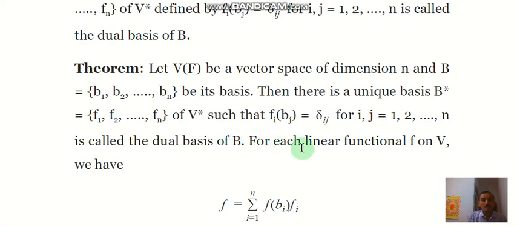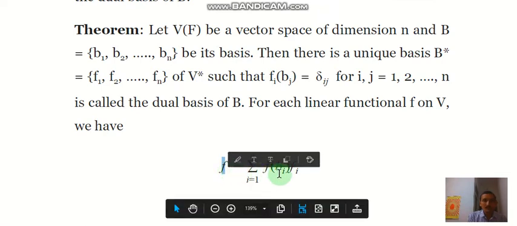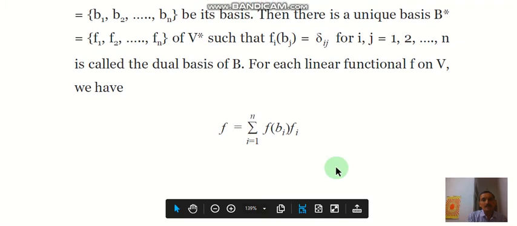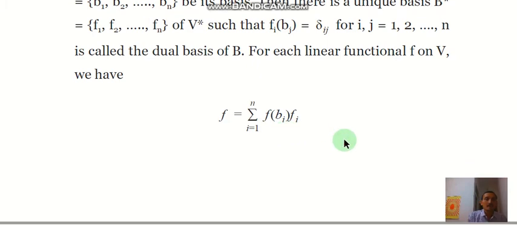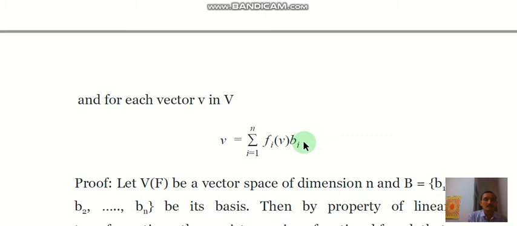And for each linear functional f on V, we can express f as the summation i from 1 to n of f(bi) fi. And for each vector v in V, we can express v as the summation i from 1 to n of fi(v) bi.